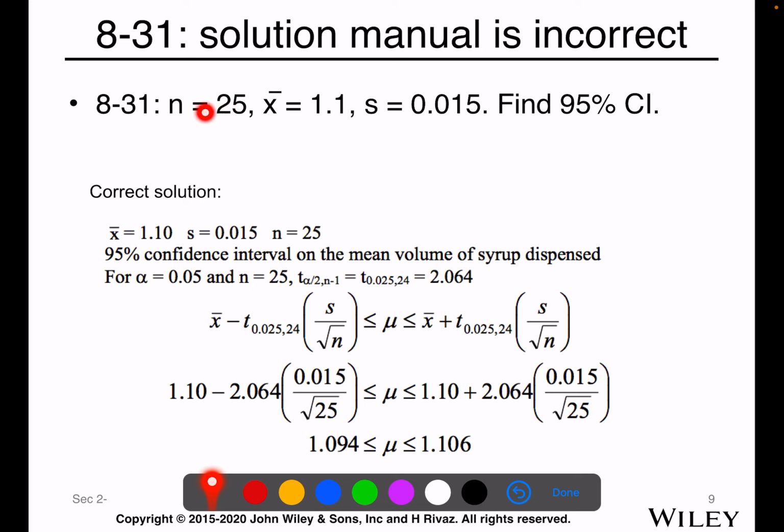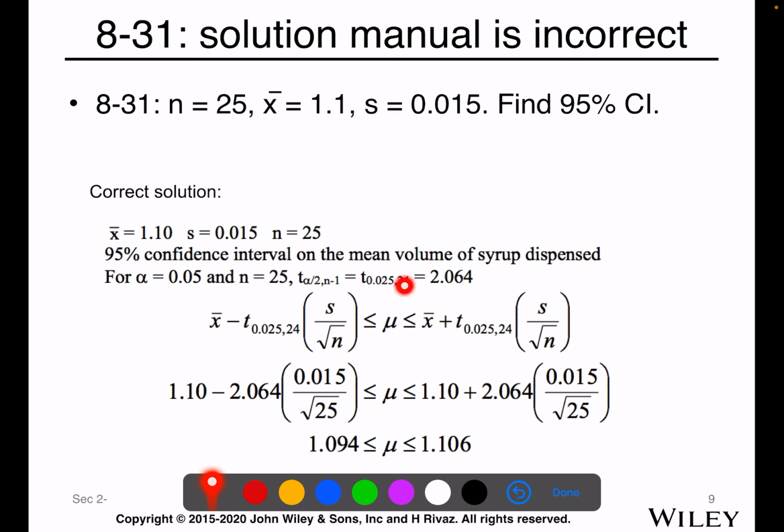So n is 25, X bar is 1.1, and s is 0.015, right? So this is the equation from the crib sheet. Mu is going to be between X bar minus something and X bar plus the same thing. The question wants a 95% confidence interval, and therefore we have to calculate t of alpha divided by 2, and n is 25.